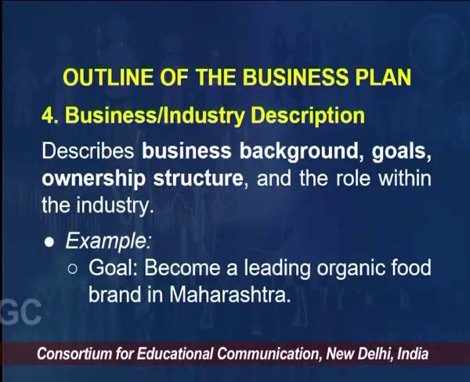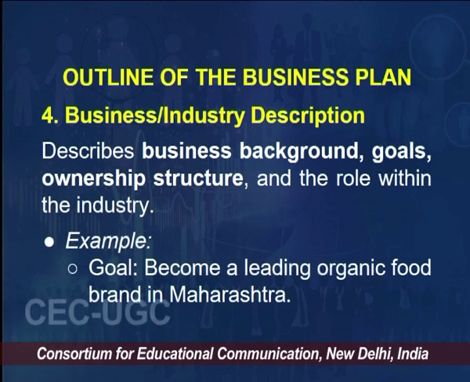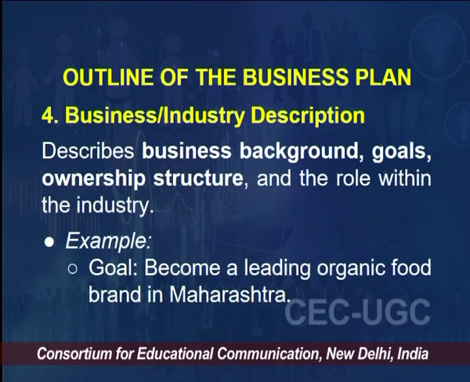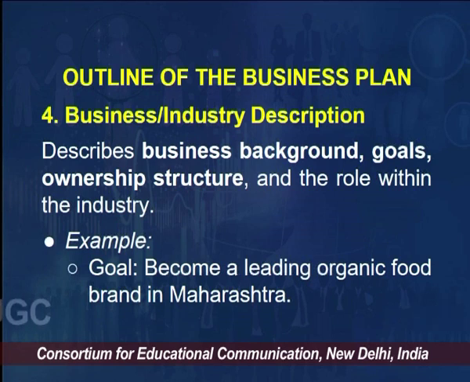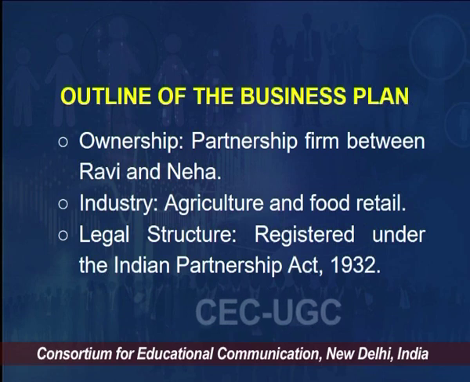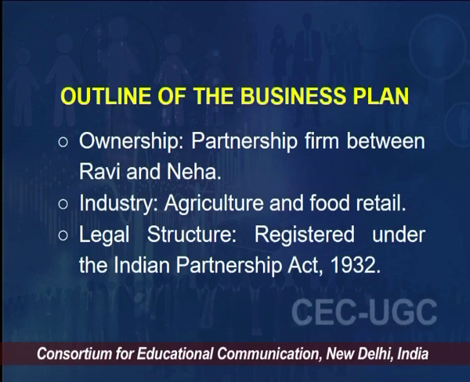Now coming on to the business and industry description. Describe the business background, the goals, the ownership structure and the role within the industry. For example, the goal is to become a leading organic food brand in Maharashtra. Coming on to the ownership, it is a partnership firm between Ravi and Neha, and the industry is agriculture and food retail.